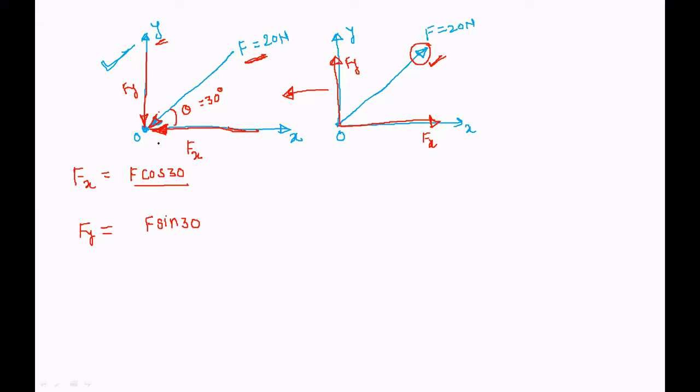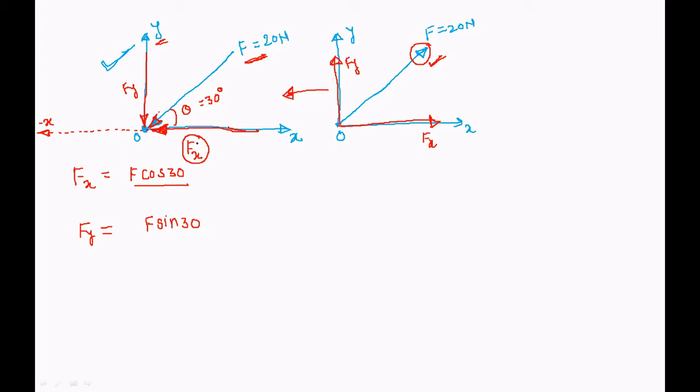Okay, so now we have to consider the sign. So observe the direction of the x component. The x component is directed towards the negative x-axis. So if I extend the line of action, this is the line of action of this force, and this will be your negative x-axis.